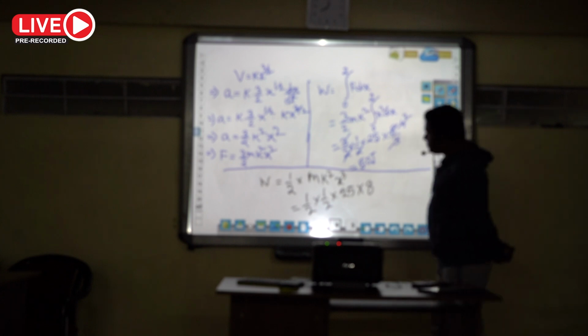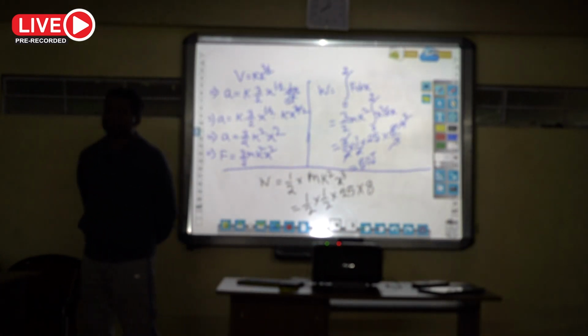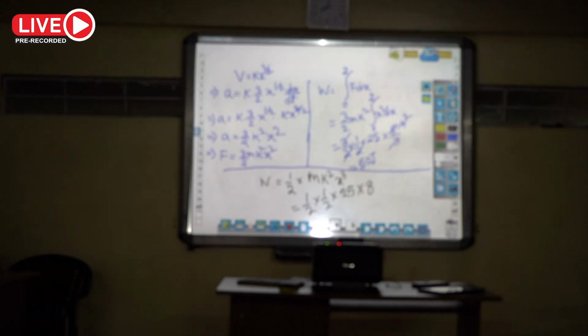Okay, so whenever this type of problem is given, before calculating integral f dx, try to solve it using the work energy theorem, because the work energy theorem is applicable both for constant force and variable force. For a constant force you can simply multiply f into dx, but for a variable force you have to integrate.